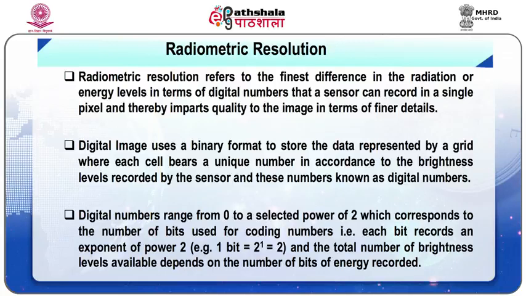For an image, digital numbers range from 0 to a selected power of 2, which corresponds to the number of bits used for coding the numbers. For example, each bit records an exponent of power 2, that is, 1 bit equals 2 to the power 1, which is equal to 2.